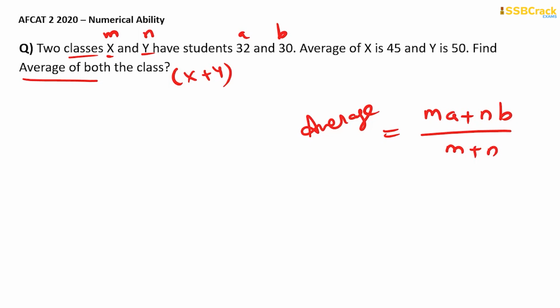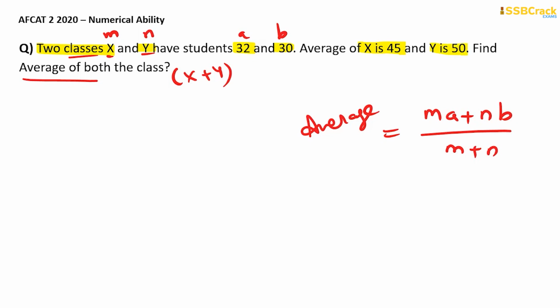where we know that there are two classes X and Y who have students 32 and 30, and the average of the first class, that is the X class, is 45, and the average of the second class, that is the Y class, is 50.